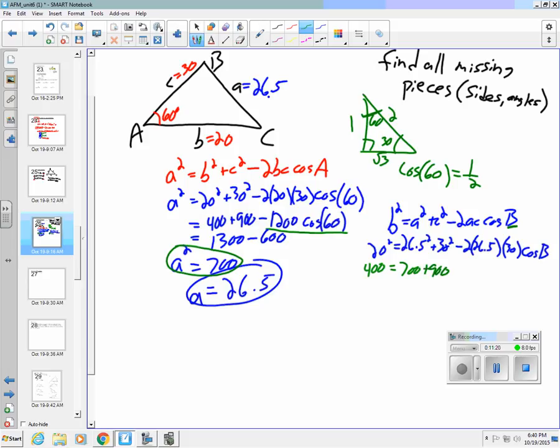Plus 900 minus 2 times 26.5 times 30, which is 1590, cosine b. So 700 and 900 makes 1600. We'll subtract that and move it to the other side.